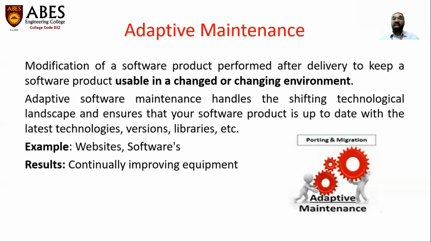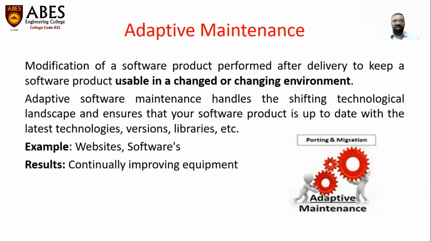Adaptive software maintenance handles the shifting technological landscapes and ensures that your software product is up to date with the latest technologies, versions, libraries, etc. So if you download something, you find that this is an updated version.